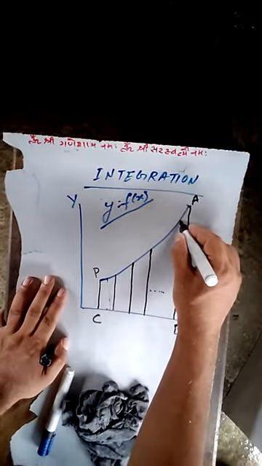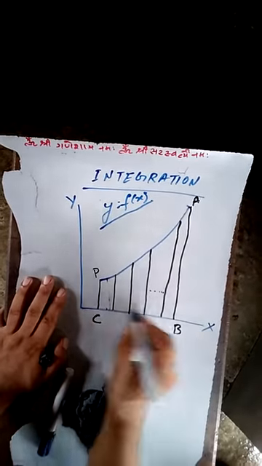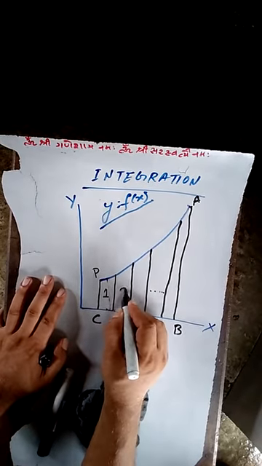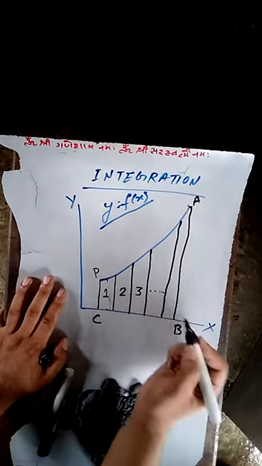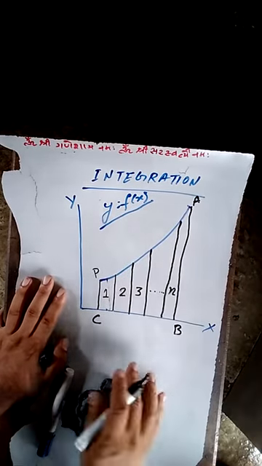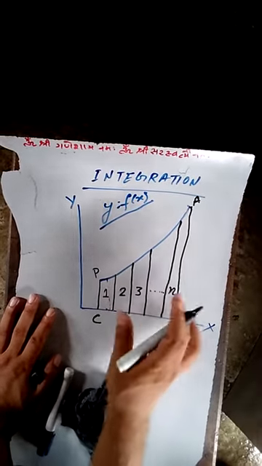Suppose this is the last one. So this is your first, this is your second, this is third, and so on up to the nth. We have drawn various strips.